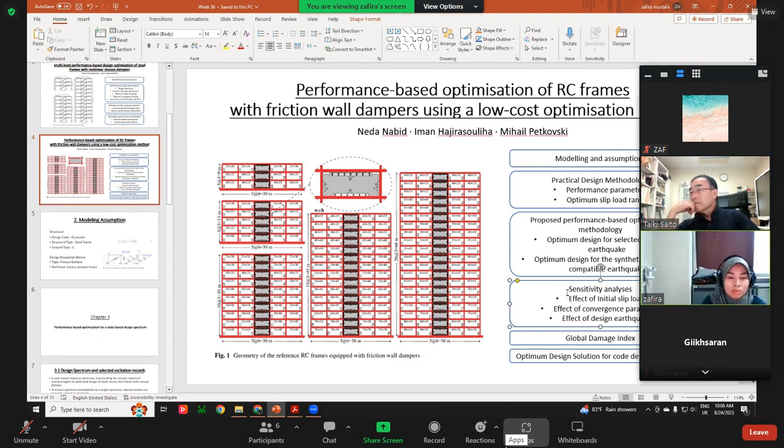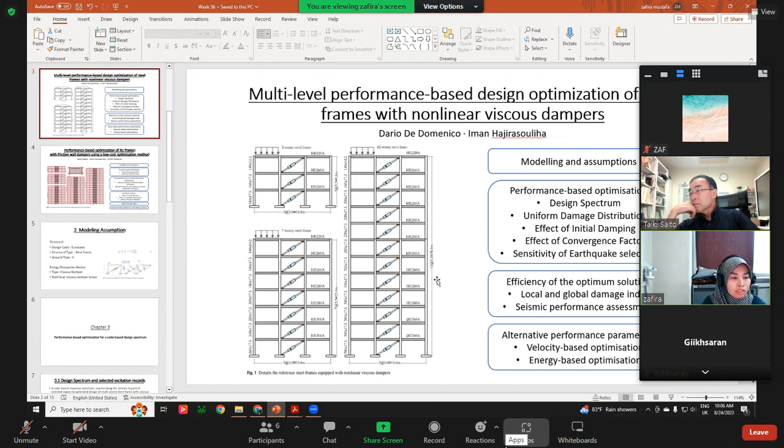It also considers the sensitivity of the analysis, for example the effect of initial slip load and effective convergence parameter, and effective design earthquake. This paper talks more about the slip load, which is the horizontal load, while in the other paper, because they use viscous dampers like bracing, it talks more about the damping coefficient.